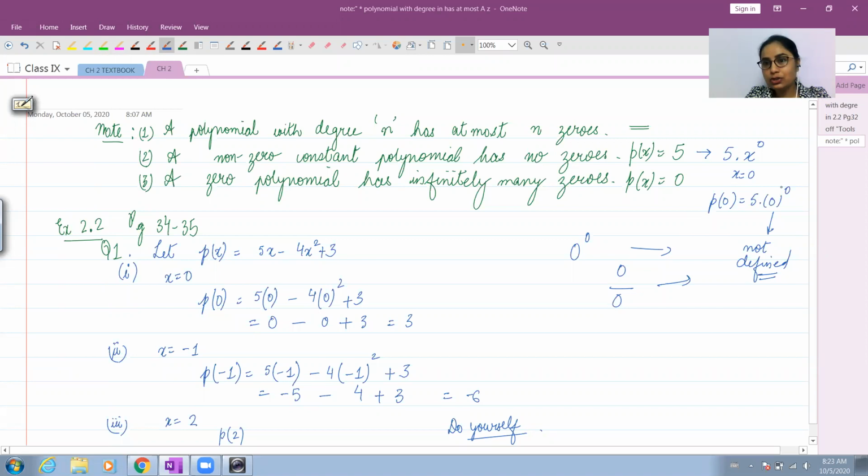Even if you do, you will not have the answer for this particular expression. 0 raised to the power 0, you don't have an answer available. And other than that, if you put any non-zero value in place of x, it's never going to be equal to 0. Raised to the power 0 will always be 1. Except for this. 0 raised to the power 0 is not defined.